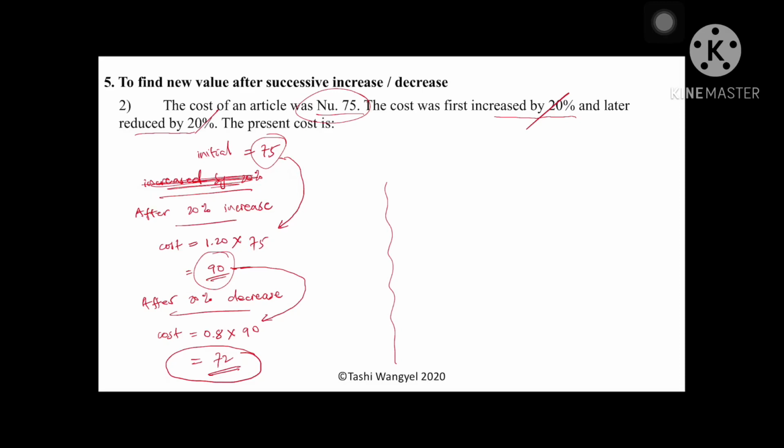The present cost is equal to the 20% increase, 1.20, times the 20% decrease, 100 minus 20 is 80, so 80% means 0.8, times the initial cost of 75, and we get 72 directly. That's better and shorter: 20% increase times 20% decrease times the initial amount gives 72.